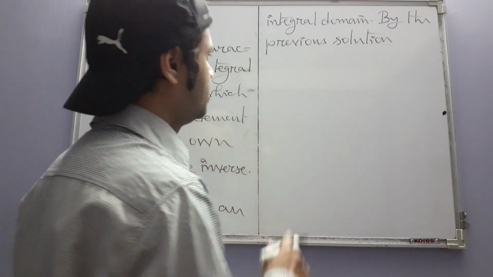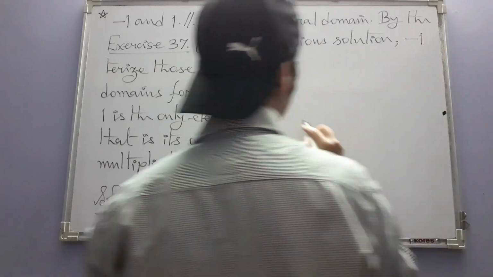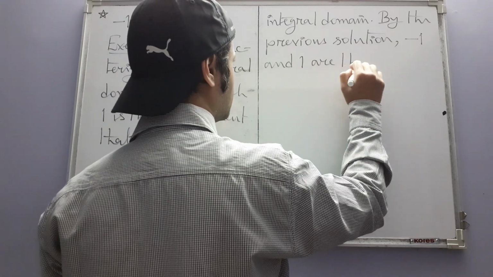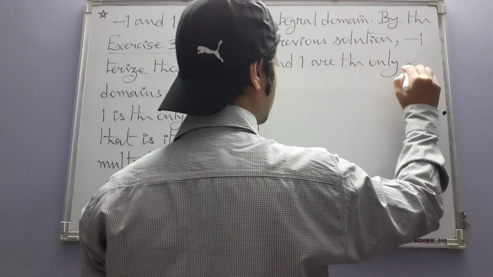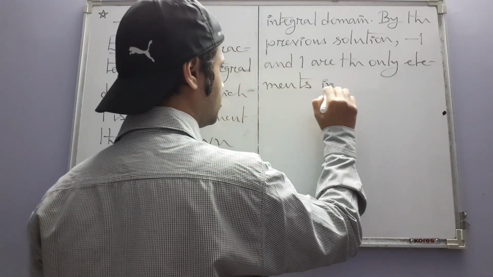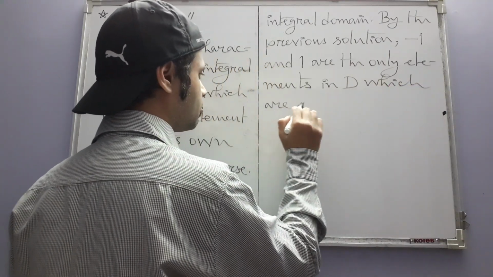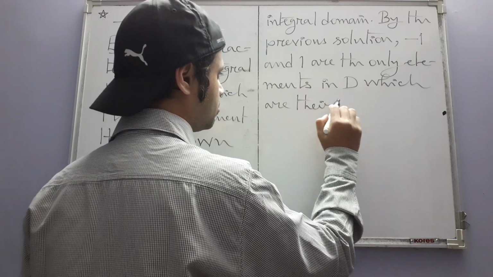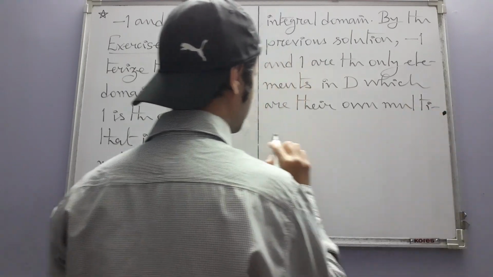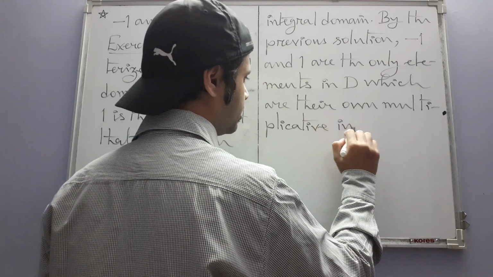By the previous solution, -1 and 1 are the only elements in D which are their own multiplicative inverses.